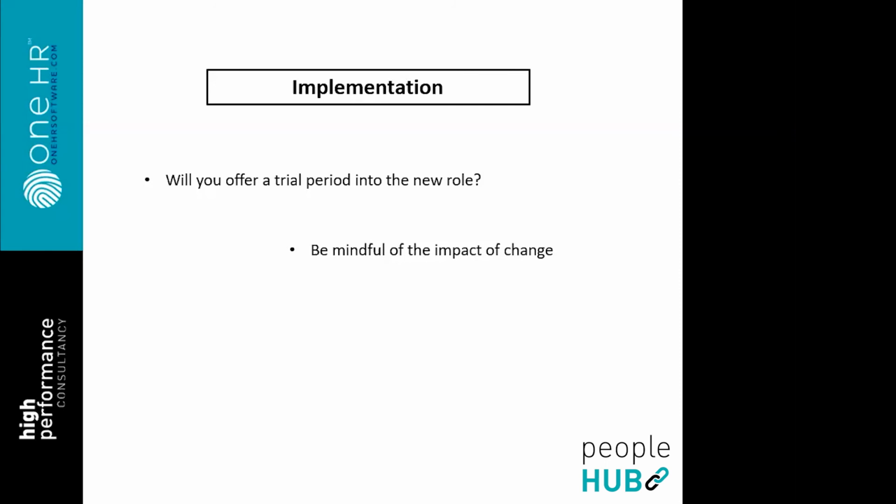Or if you feel that further redundancies may follow, make people aware that the business is going through a difficult time, so that they're aware and you are being transparent. And you also need to be mindful of survivor's guilt, which a lot of people who have averted redundancy will say that they have, where they feel guilty that their peers have gone. So generally morale can be a bit low at that time.